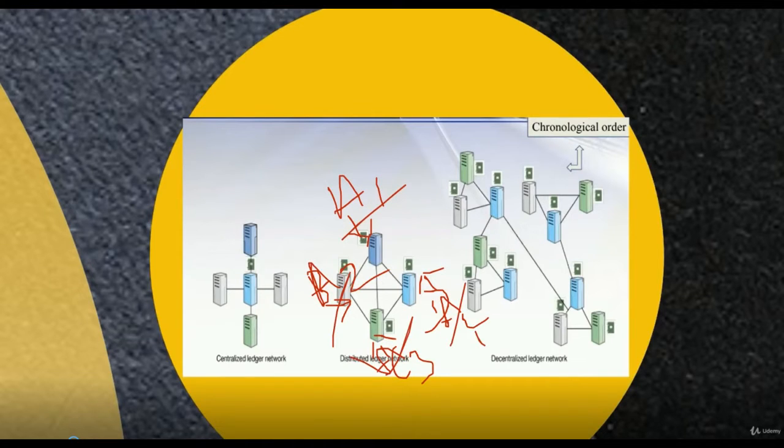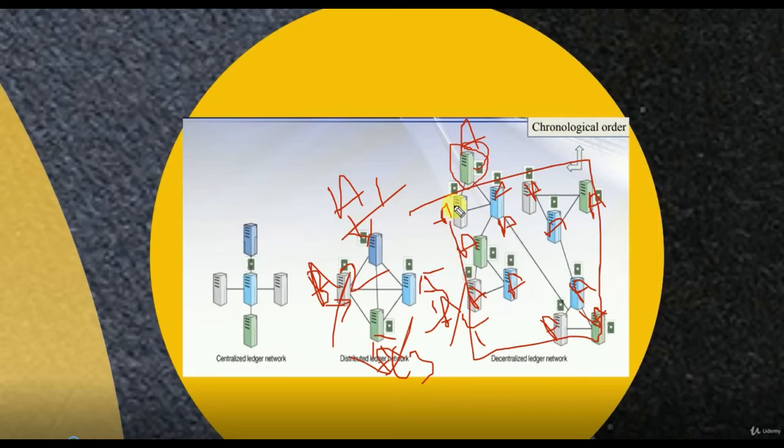In the decentralized server, all the transactions and all the data related to A will be stored in all the nodes. Every node will have a copy of the data related to A, not split into A1, A2, A3. So even if someone tries to modify the value in the transactions or records of A in one node, they cannot modify it in all the other nodes. That is the major advantage of your decentralized server.